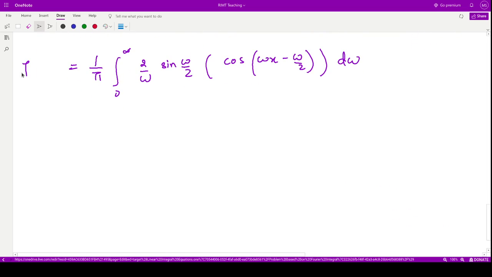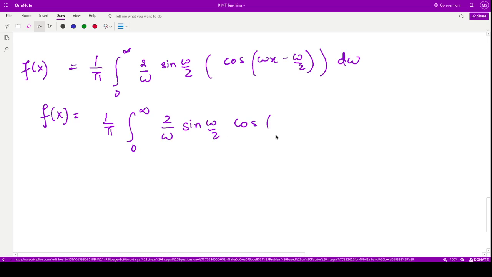So we have the value of f of x as equal to 1 by pi integration 0 to infinity 2 upon omega sine omega by 2 cos of (x minus 1 by 2) omega d omega. Now this is the simpler version of the Fourier integral that we obtained.